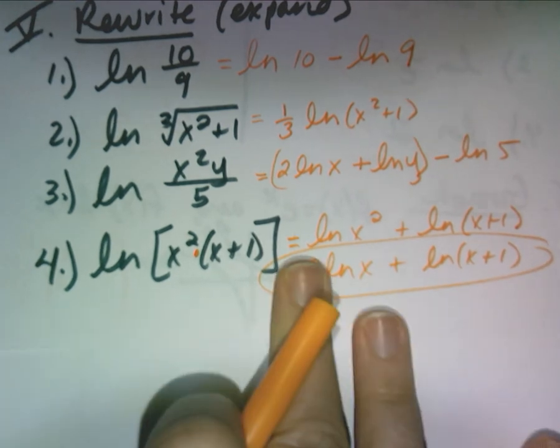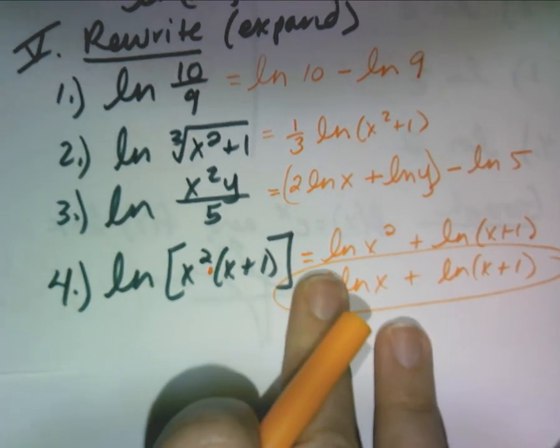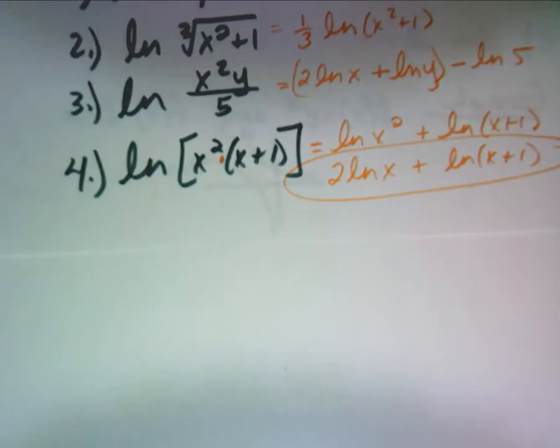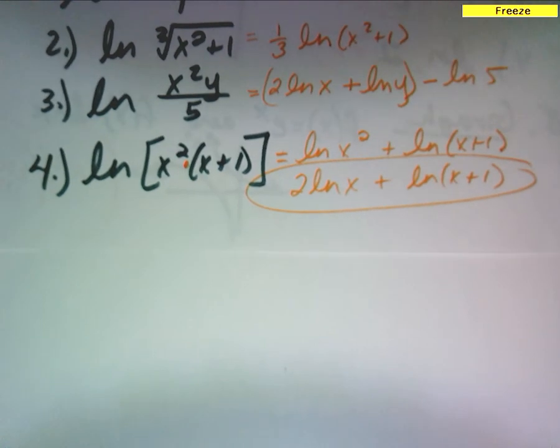Okay? All right. Again, let's do one more thing. That was pretty fast there. All right, so now we're going to rewrite by condensing and then solve. You got it? Yeah, I got it.